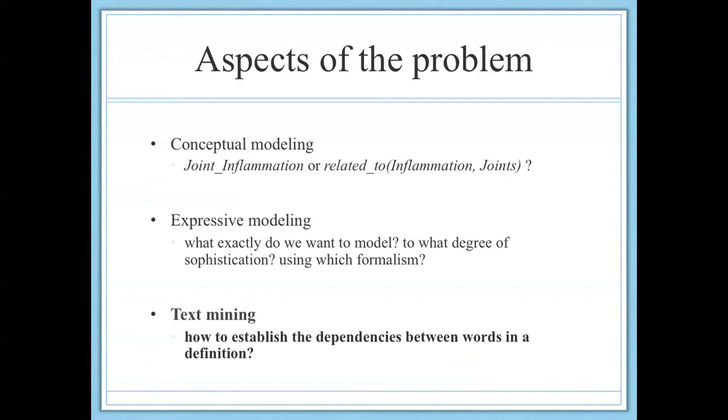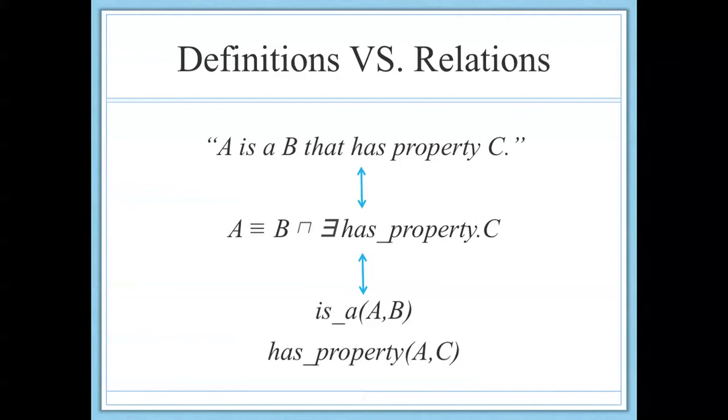So, how do we create a formal definition from text? A classical definition has a structure: A is B that has some property C. Note that B is usually a parent term, so the taxonomic relation is implied here. In description logic, this definition can be rewritten into the following terminological axiom: A equals B, and there exists C such that A and C belong to the property.